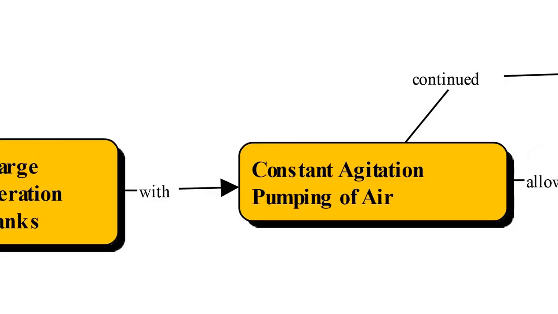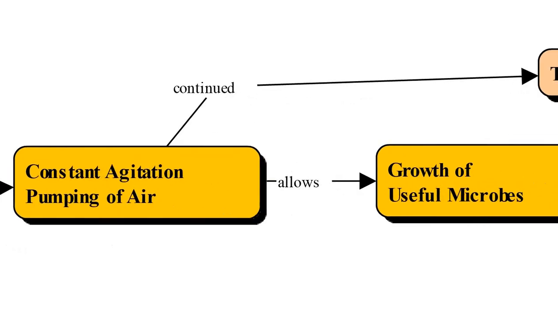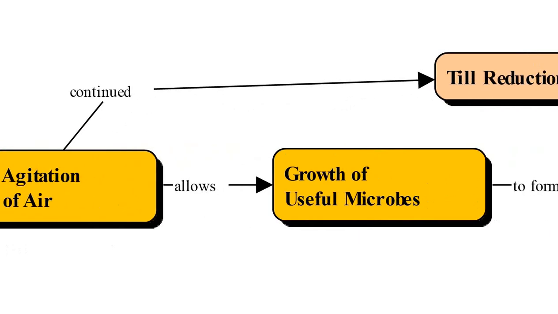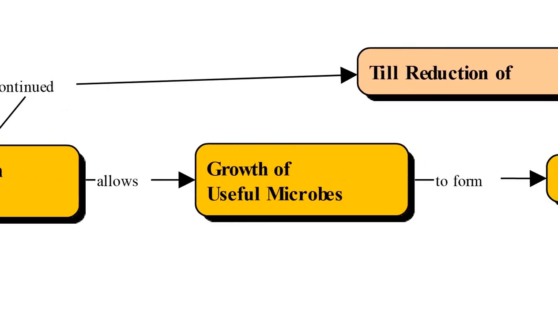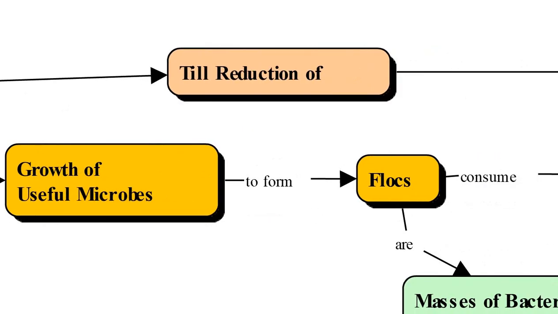These two, constant agitation as well as pumping of air, facilitate the growth of the aerobic organisms. These conditions allow the growth of useful microorganisms, mainly the aerobic organisms, which need the presence of air.